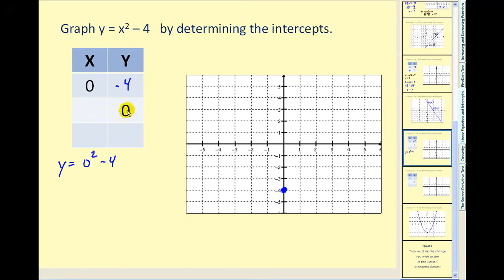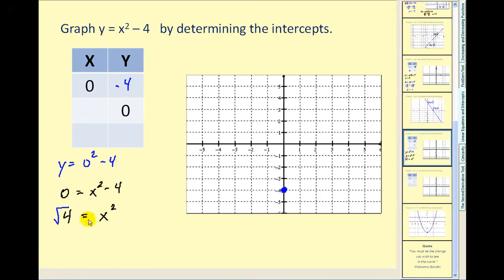To find the x-intercepts, we'll set y equal to 0. Now here we have a degree 2 equation. There are a couple ways of doing this. This is factorable, or we could just isolate the x squared term. I'm going to add 4 to both sides. So what number squared will give us positive 4?